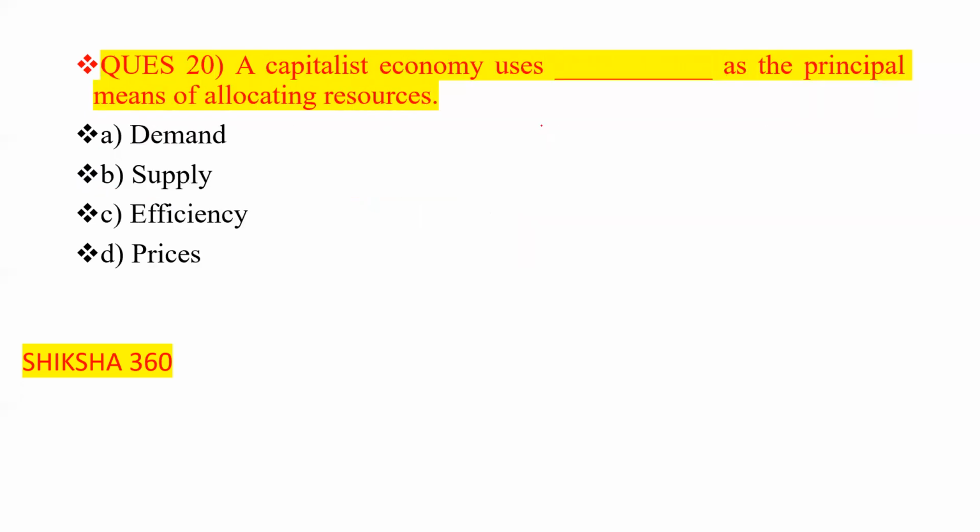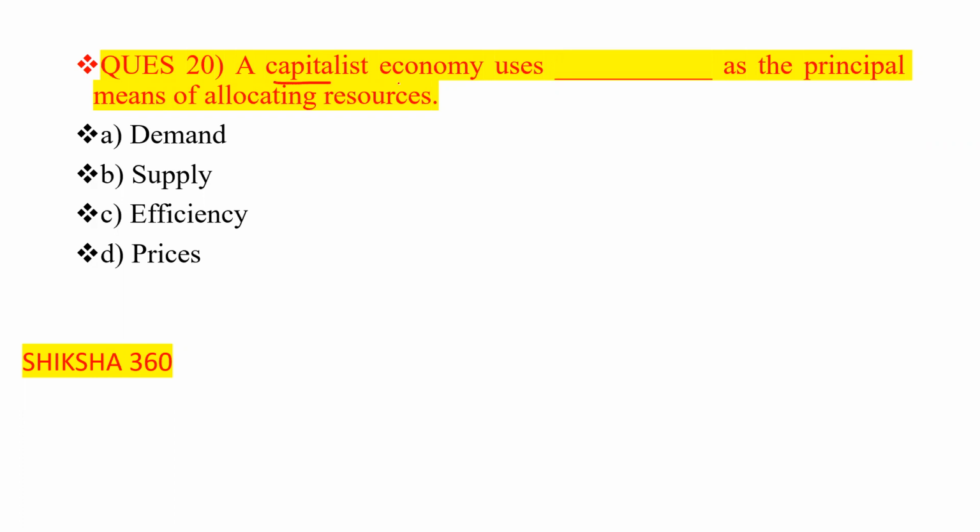Now move to question number 20. A capitalist economy uses dash as a principal means of allocating resources. Demand, supply, efficiency, prices. So it uses prices.